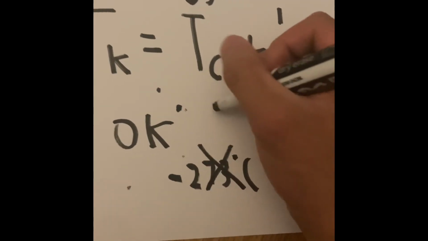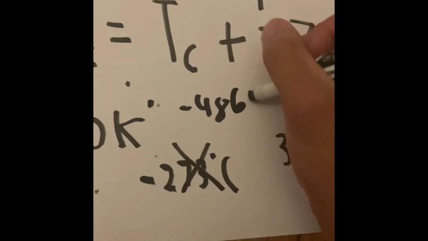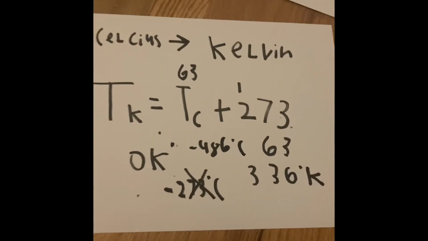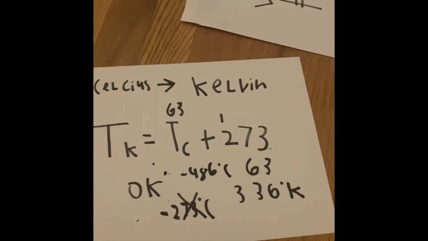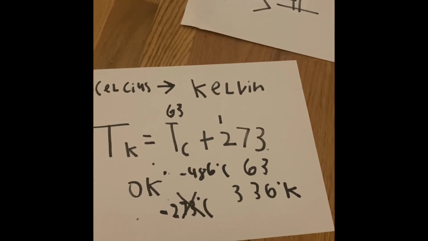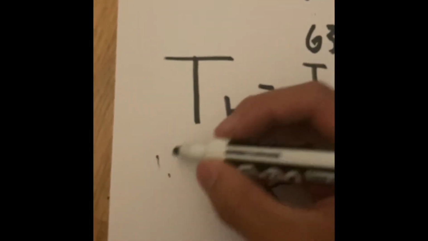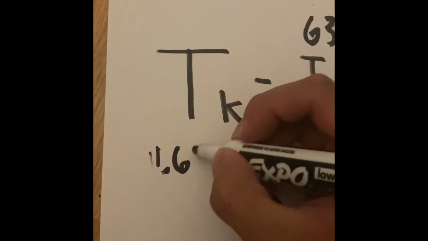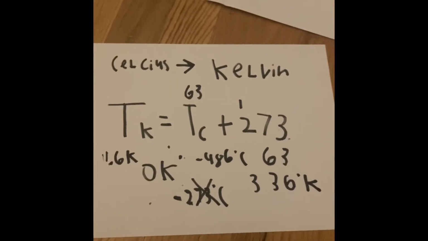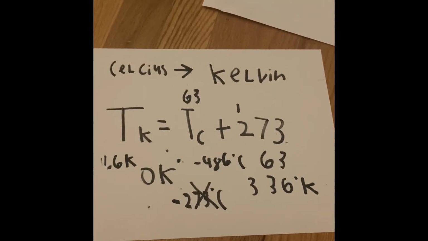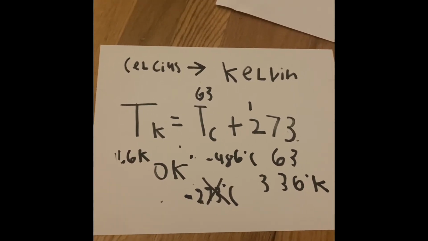Actually, it's around negative 486 degrees Celsius, so it's very, very cold. The coldest we ever got was in a science experiment in 1997. However, we only got to 1.6 degrees Kelvin. We're still not there. Even in space, nothing that we know of right now is 0 degrees Kelvin. It's impossible to get to.